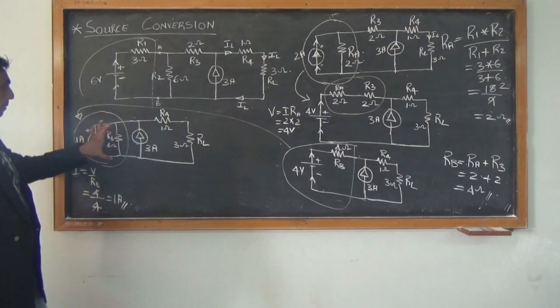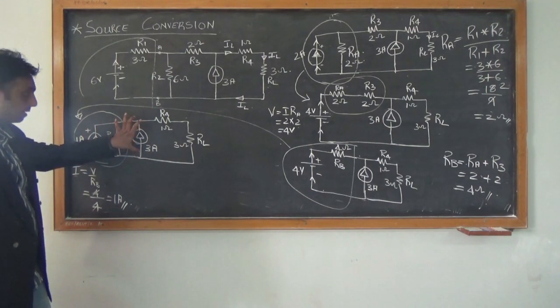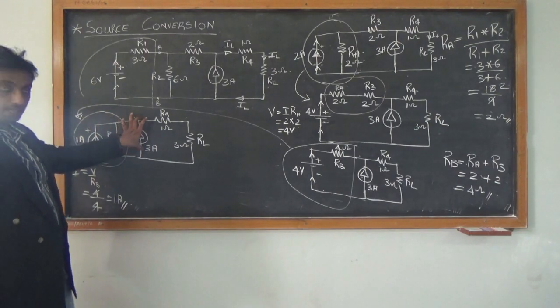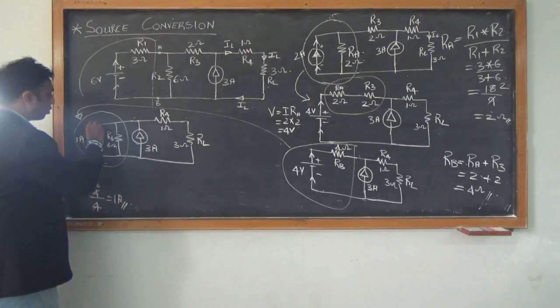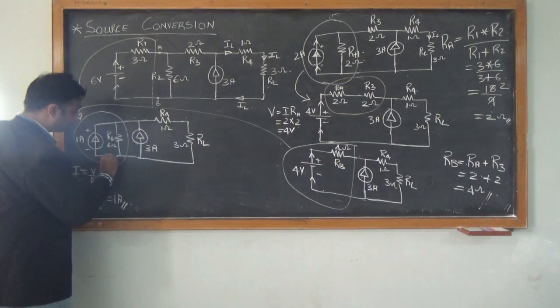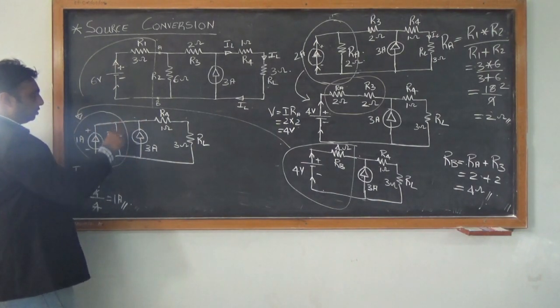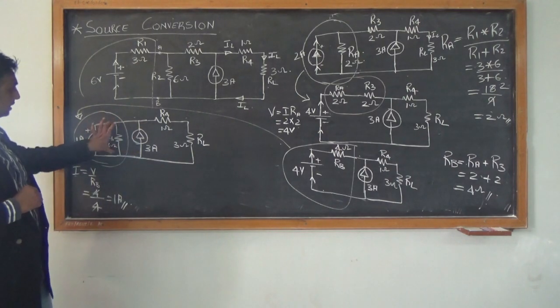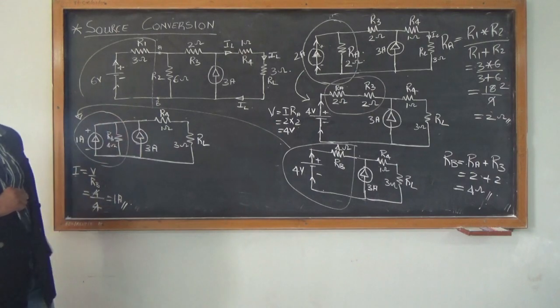So if they are all in parallel, I can basically shift this 3 amps current source here and I can shift this RB here because it is on a common bus bar. This is your common bus bar or your common node. So since it's on the same node, I can shift this here and I can shift this here.